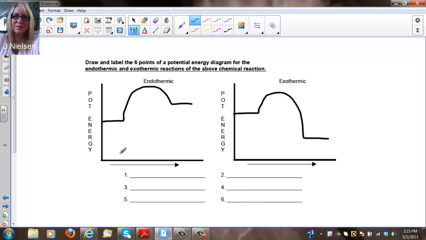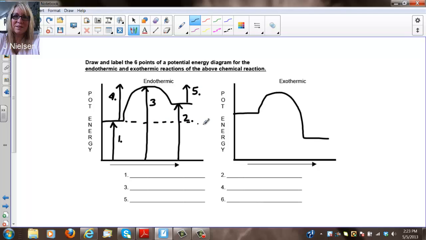Okay, they want us to label the 6 different parts of the energy diagram that you need to know. So we have 1, 2, 3, 4, 5, and then this area between the products and the reactants, 6.